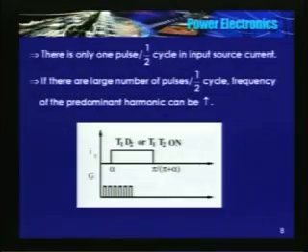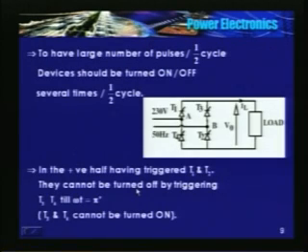Now coming to the question, how to achieve this, have a large number of pulses, what modification do I need to make in a fully controlled bridge or half controlled bridge? In a fully controlled bridge, T1 and T2 are triggered in the positive half, T3, T4 are triggered in the negative half.